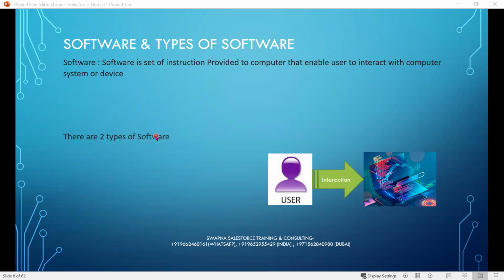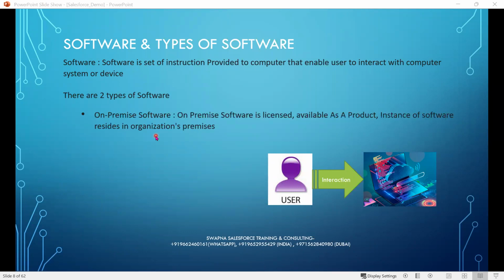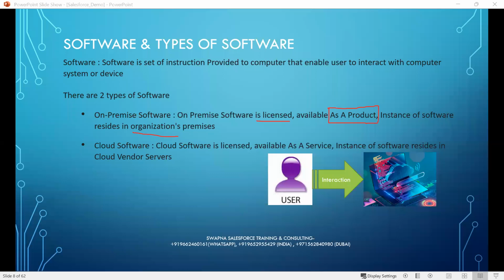There are 2 types of software: on-premise software and cloud software. On-premise software is licensed and available as a product. The instance of the software resides in the organization's premises. And cloud software is licensed and available as a service.